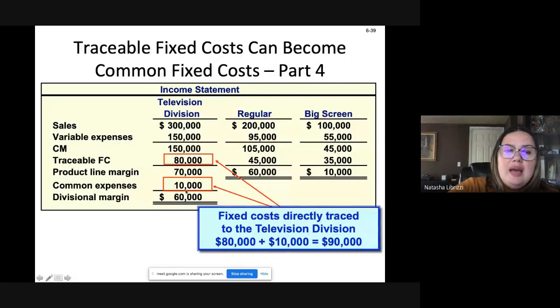If we accidentally allocate this, for example, to big screen as a traceable fixed cost, it might look like big screen is not making any money. That would completely bring this down to zero if this cost is over here.